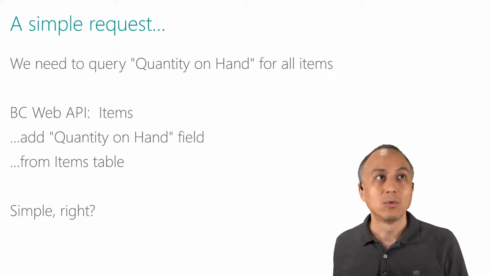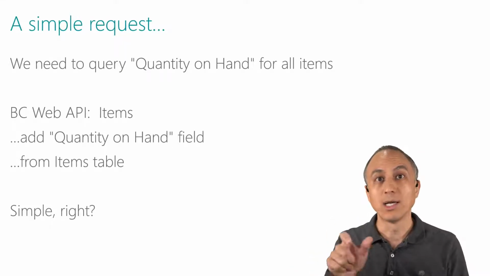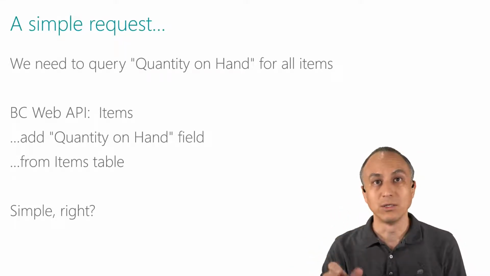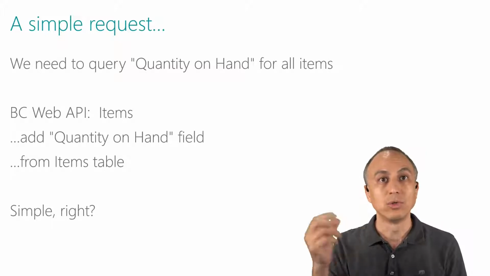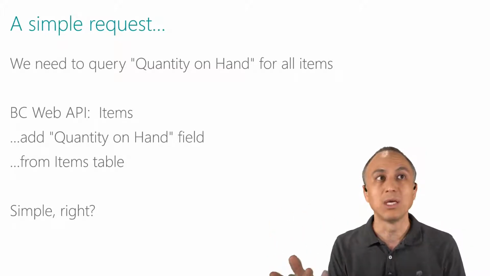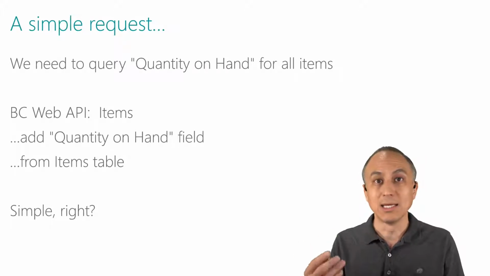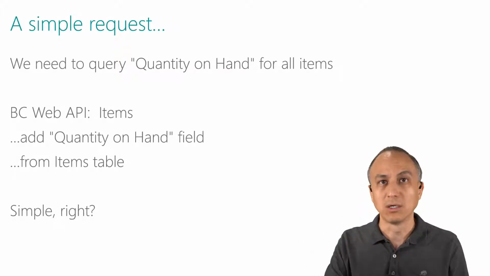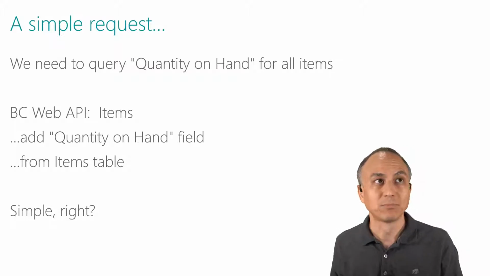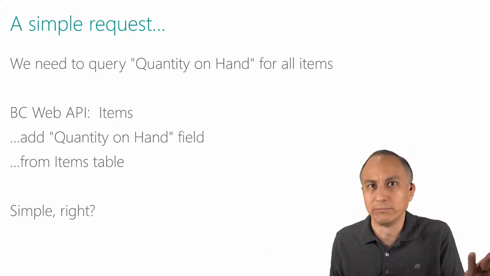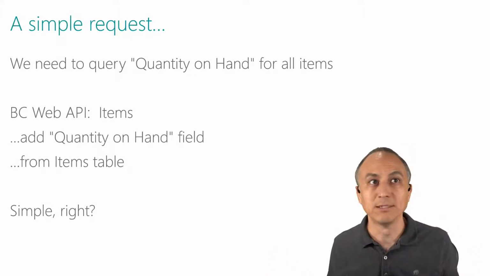So, hey, can you add the quantity on hand field value to the Business Central Web API for items? This data is available, as we looked, from the items table. Simple, right? No big deal.